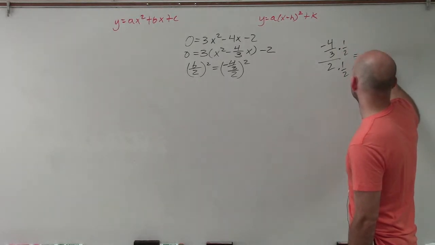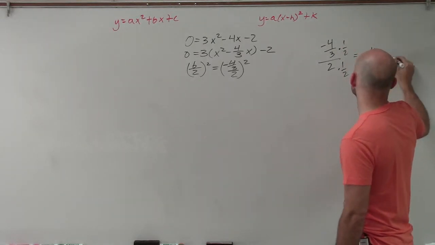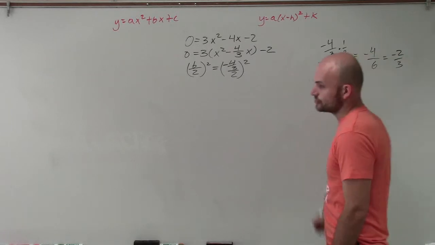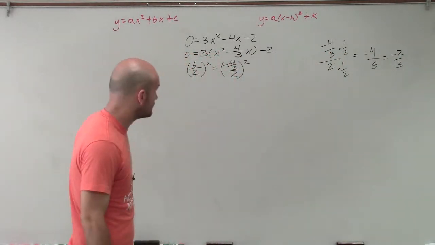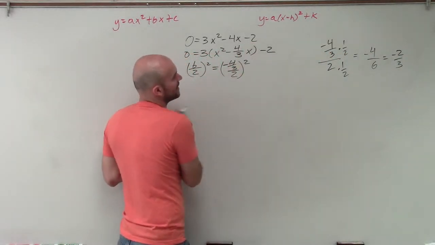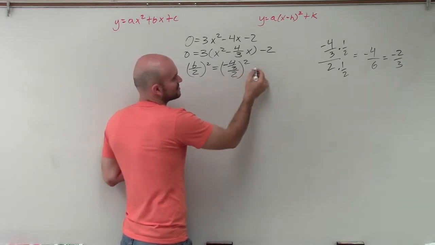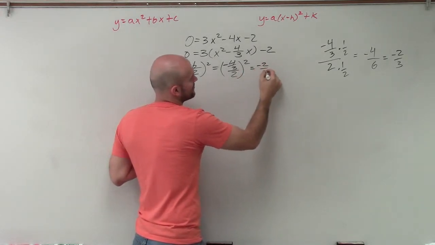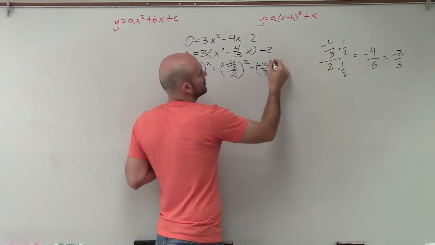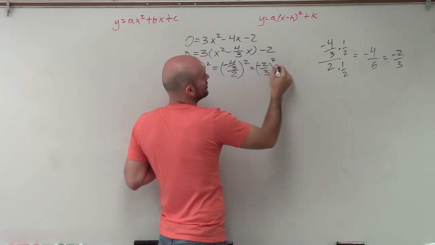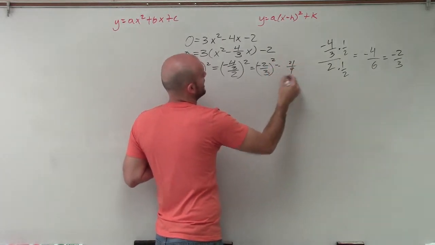And really what this is going to equal is -4 over 6, which equals -2/3. So -2/3 squared is going to equal 4 over 9.